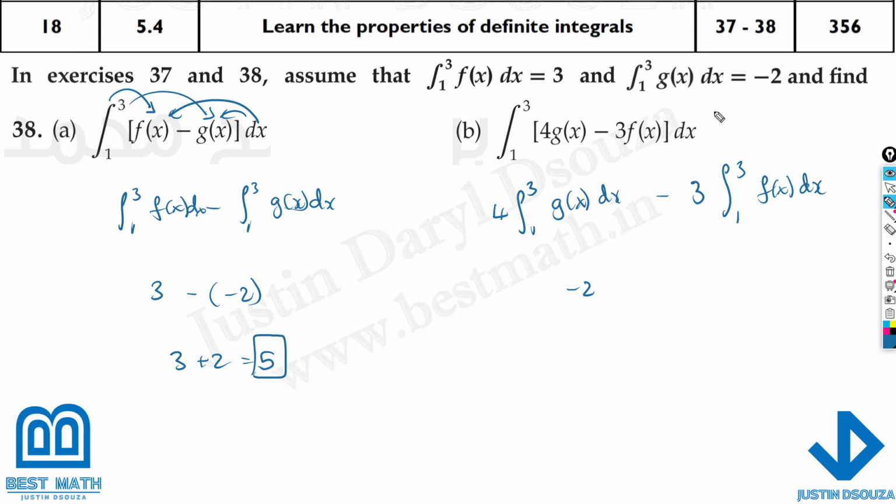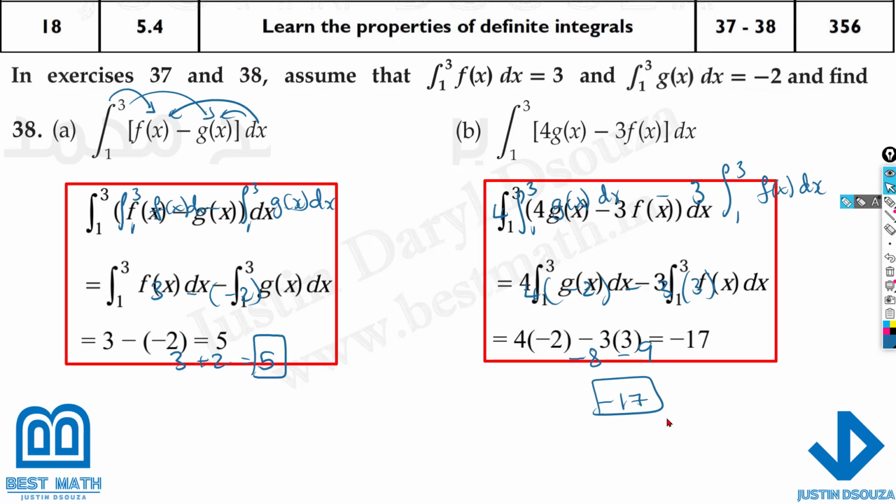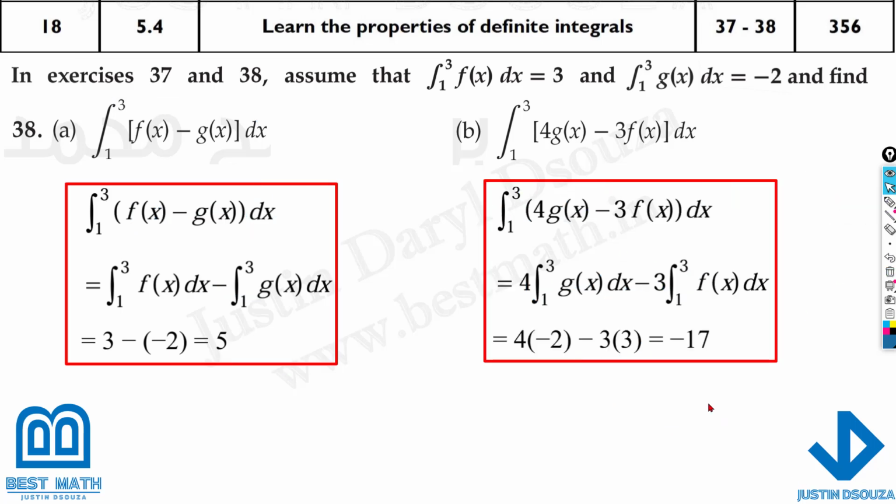No, it's g of x, that's minus 2. Write it first. 4 outside, minus 3 times, what is f of x? It's 3. 4 times minus 2 is minus 8. Minus 3 times 3 is minus 9. Minus 8 minus 9 is negative 17. Negative 17 is the answer. These are the answers, minus 5 and minus 17. Please make sure you write these steps and then find the answers.